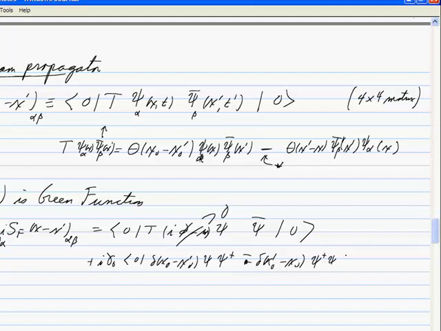But this becomes a plus because there's two minus signs. One is the derivative on the theta function, which is minus, and there's that minus there, so it becomes a plus, so it's minus squared.